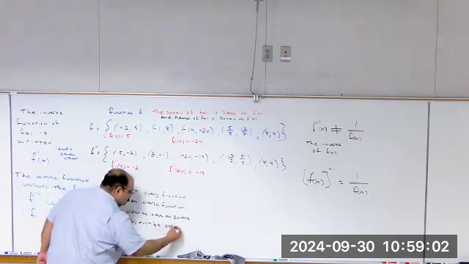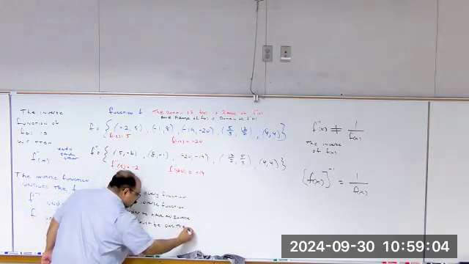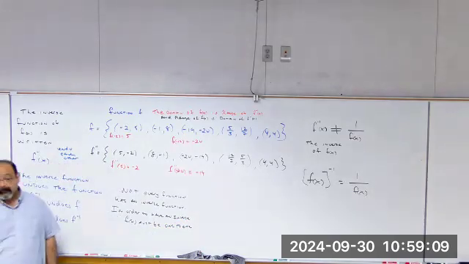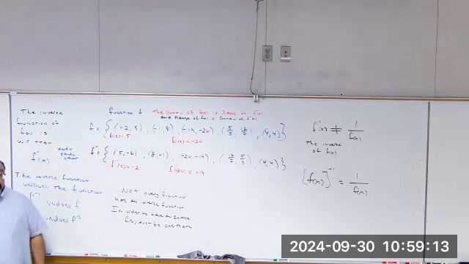Must be 1 to 1. 1 to 1 means for every x, there's exactly one y, and for every y, there's exactly one x.